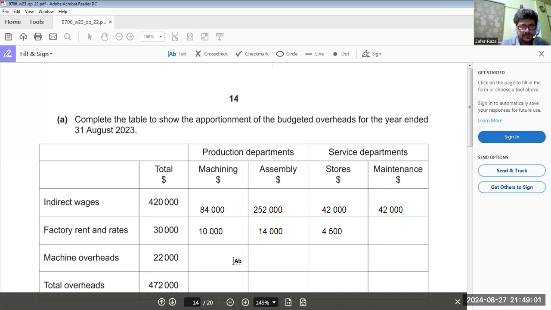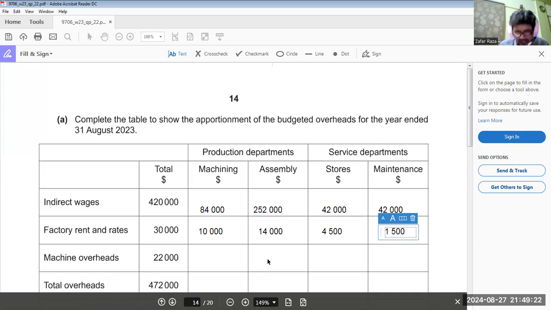Now 30,000 total minus 10,000 minus 14,000 minus 4,500 means the remaining is 1,500. We can use the formula we were following, or we can do it by subtracting.